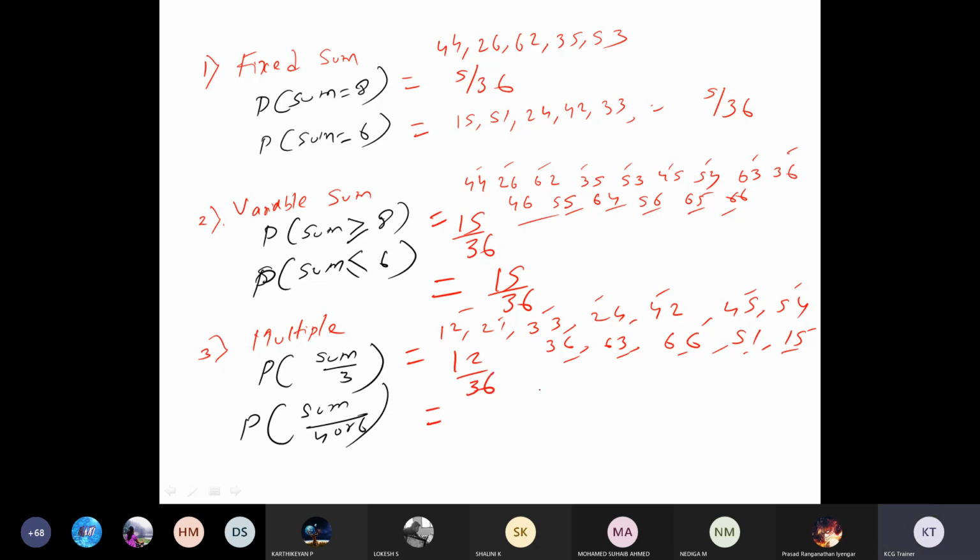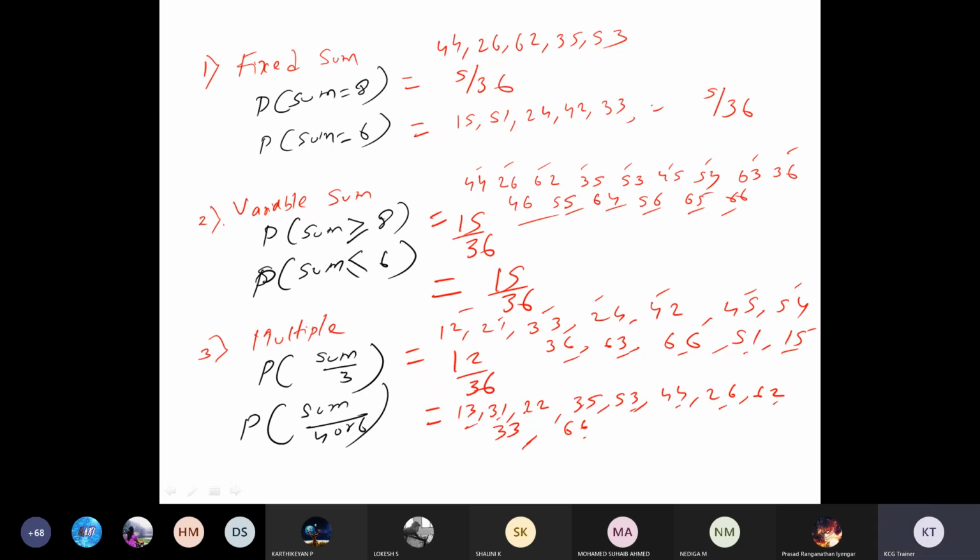Sum divisible by either 4 or 6. So for either 4 or 6 you will get 1,3, 3,1, 2,2, 3,5, 5,3, 4,4, 2,6, 6,2. 3,3 is also a sum of 6, and 6,6 as well. So you have 1 to 10.